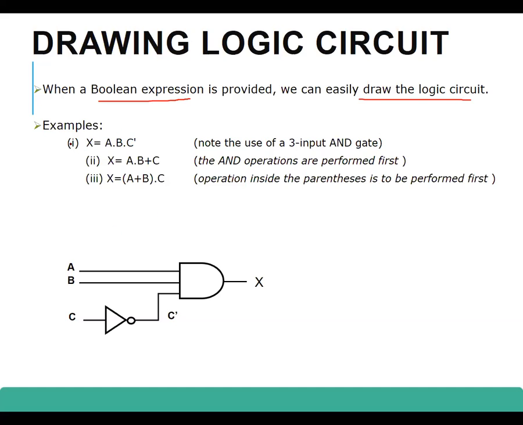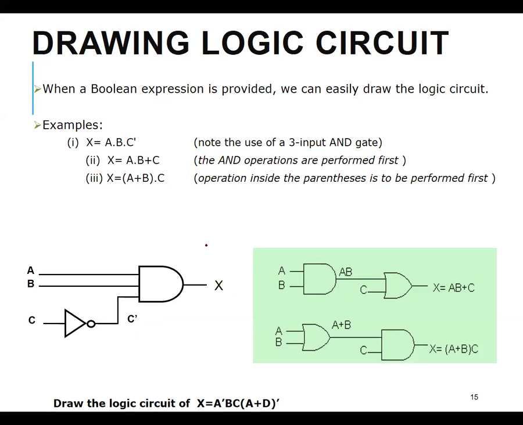This is a 3-input AND operation, so for that you can use a 3-input AND gate, and the last term is primed, you can see. To get the complement, you can use a NOT gate like this.